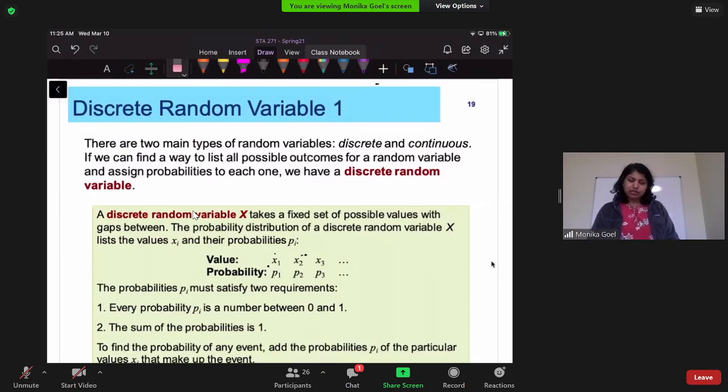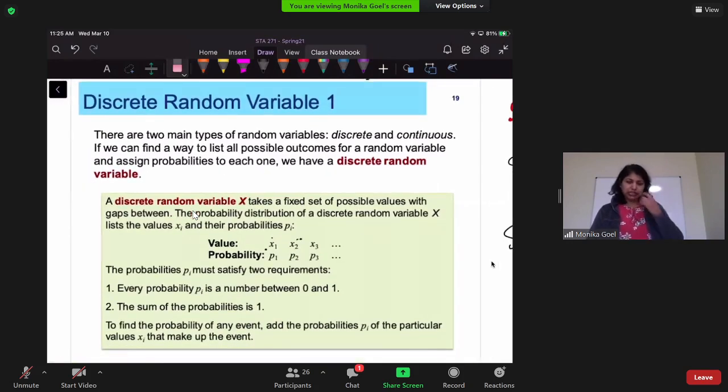We talked about this last time, but we did not go into detail. We said that a discrete random variable takes a fixed set of possible values with gaps between. The probability distribution of a discrete random variable has the x values and their probabilities.